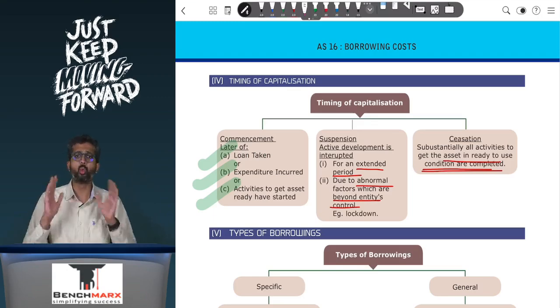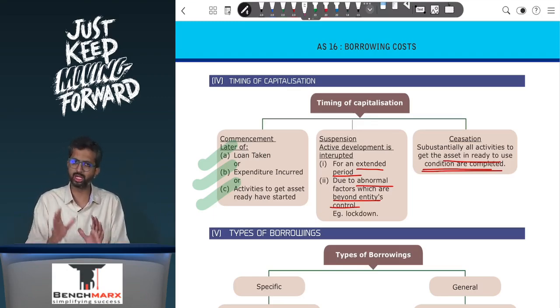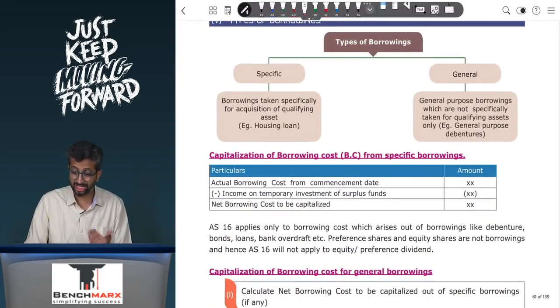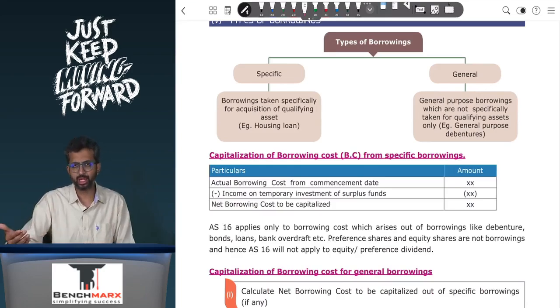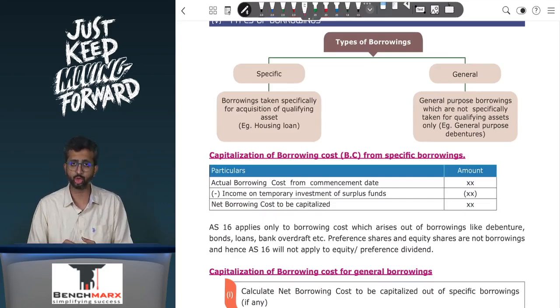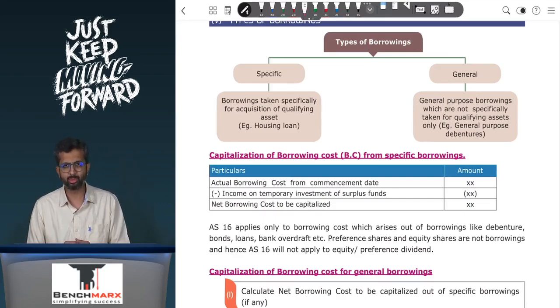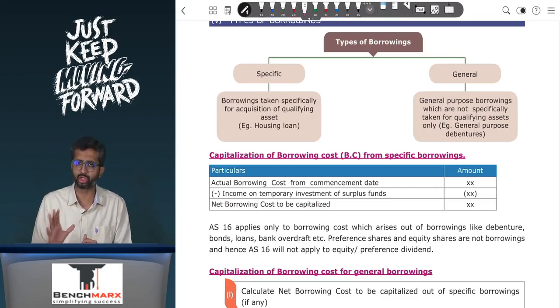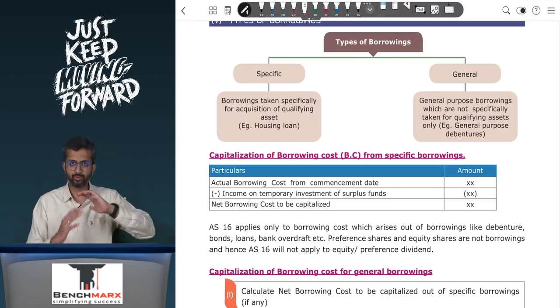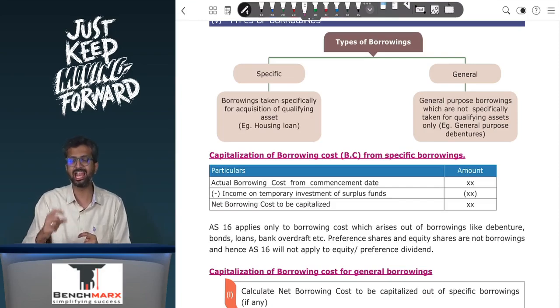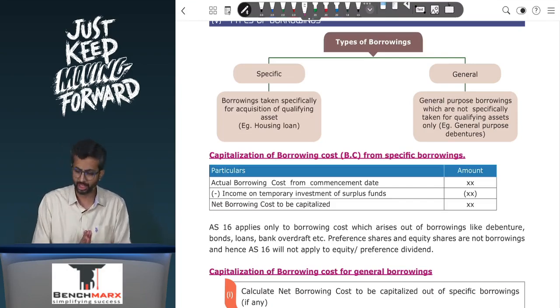The standard says whatever is the actual borrowing cost from the commencement date, you take that and then minus income on temporary investment from the surplus funds, and whatever is the net borrowing cost, that net borrowing cost will be capitalized. Or if it is not for a qualifying asset, the net borrowing cost will go to the P&L account. So whenever you have a specific borrowing and there are some surplus funds, you will earn some income on temporary investment of surplus funds. You will subtract that income from the overall borrowing cost, and the net borrowing cost, if any, will be capitalized.